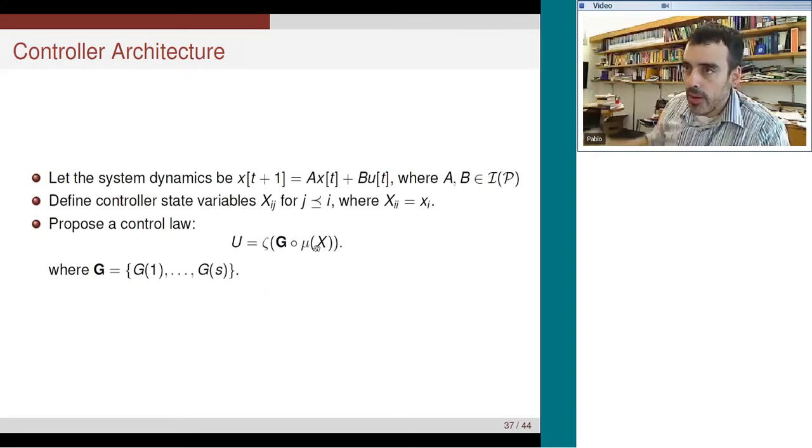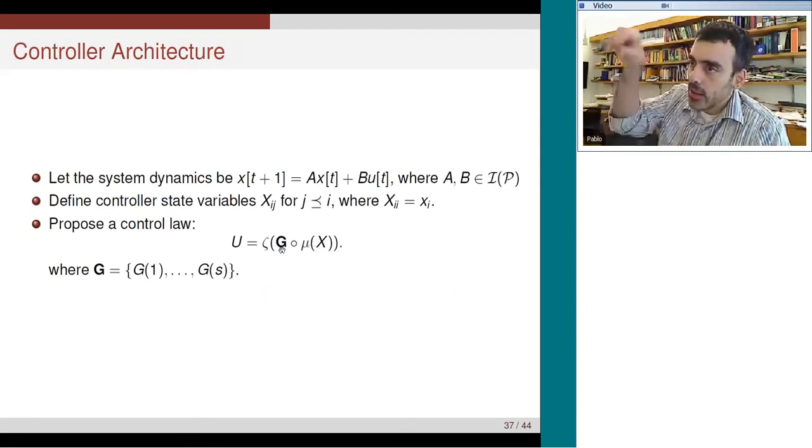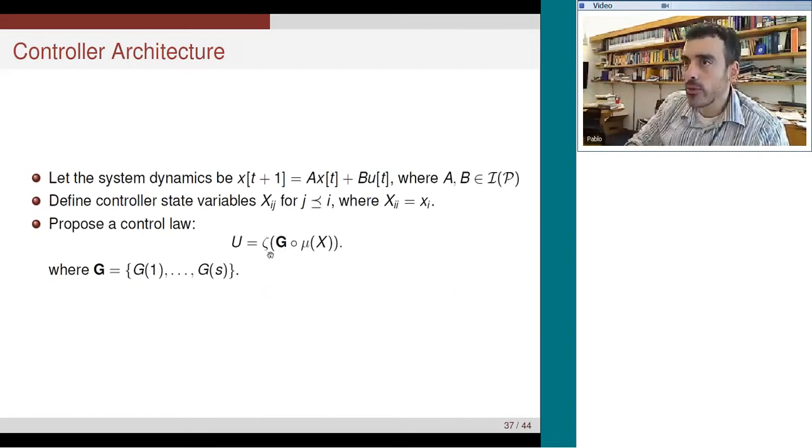Mu in there is computing this mu transform, this Moebius transform, on this set of states. Then I'm going to apply local controllers G. So these controllers G, they're acting locally in each subsystem. And then I'm going to apply zeta, which is again this global transformation, but that you can apply locally to compute what the actual control action is going to be.